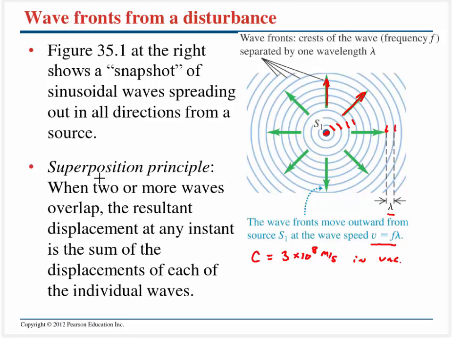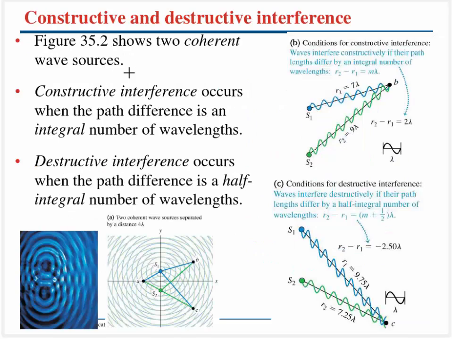The key to interference is the superposition principle, which says first we can treat electromagnetic waves as a sinusoidal wave, written as a sine or a cosine, and where two waves overlap, the resultant displacement is the sum of the displacement of each individual wave. We can restate the superposition principle and talk about constructive and destructive interference.